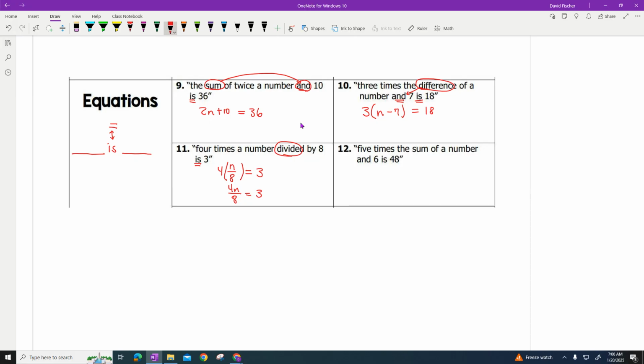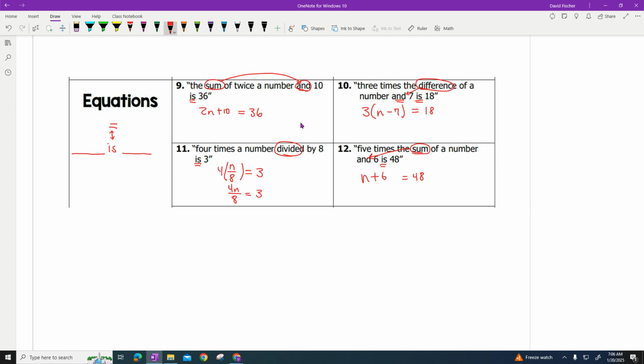Alright, let's see what this one is. Number 12 here. I want 5 times the sum of a number and 6 is 48. So let's get that "is" out of the way. Now, I want 5 times the number, the sum, there's my word sum, of a number and 6, is 48.